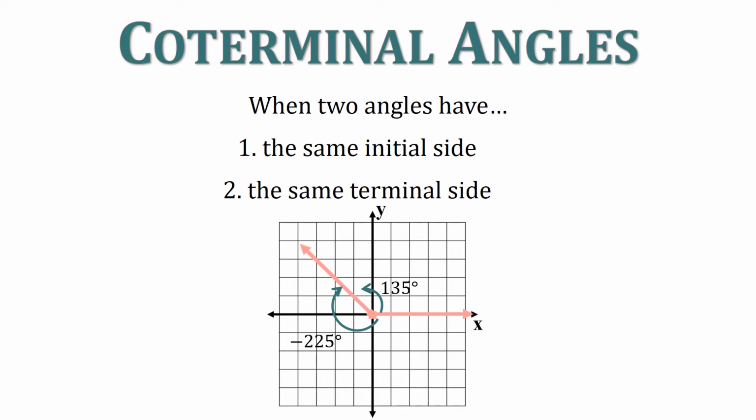Now that was a negative 225 degrees. Those are two totally different angle measures, 135 versus negative 225. However, our initial side is the same and our terminal side is the same. Therefore, the angle 135 degrees and the angle negative 225 degrees are coterminal angles.